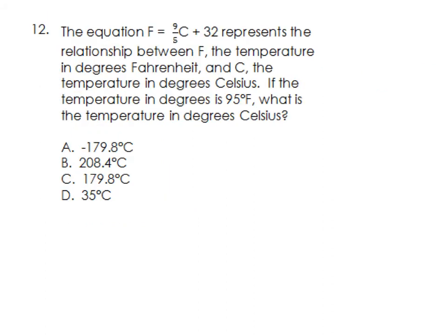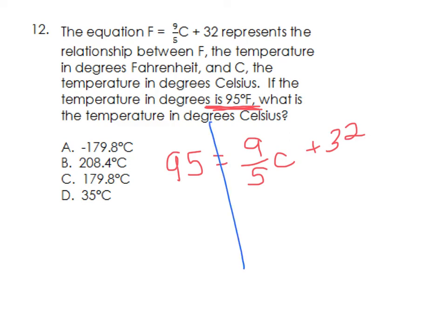For some reason, checkpoints, district tests, the STAR test all love the Fahrenheit to Celsius conversion because it's a scary looking equation. But we know how to work with this. We just have to plug in. We've been told the 95 F. So we've been told what our F is. It's going to be 95 equals 9/5 C plus 32. Okay, so let's start with, we're solving for the C. So I have to get rid of the other term.